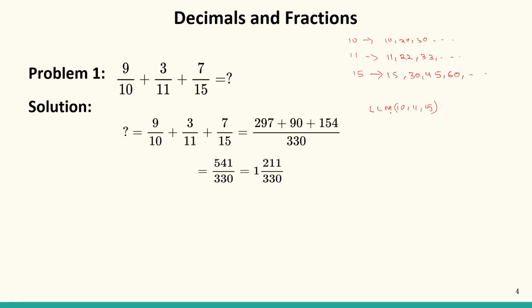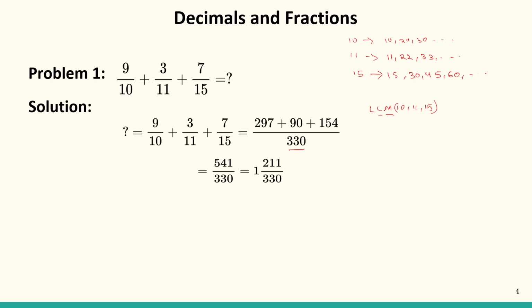As I have already discussed, first we find the sequence of multiples, then we find which are the commons among them. The first common will be 330.